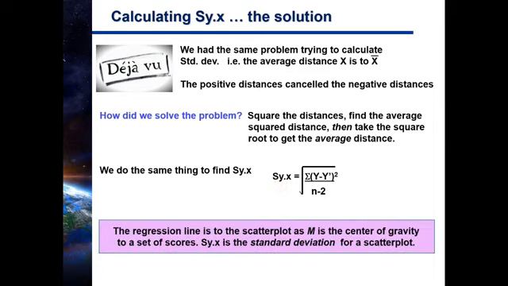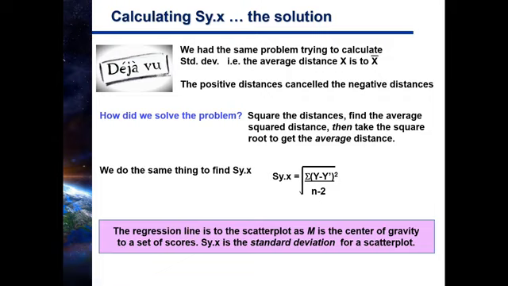So now we can say that the regression line is to the scatter plot as the mean is, the center of gravity, to a set of scores. I know, a lot of people hate these analogies, but I want you to see the similarity. The regression line is trying to find the sweet spot, if you want to look at it that way, much like x bar, or mu, is.